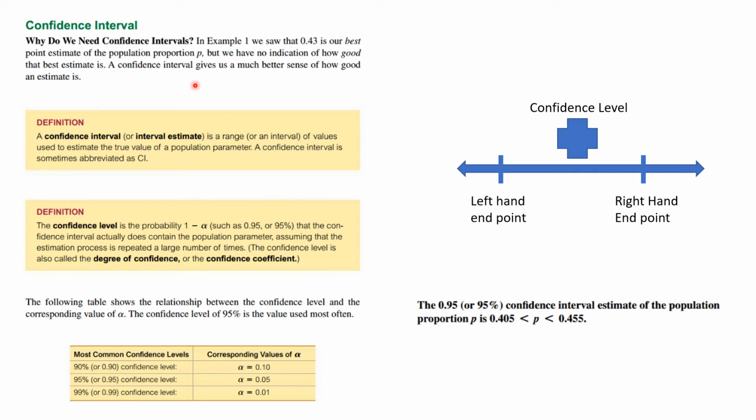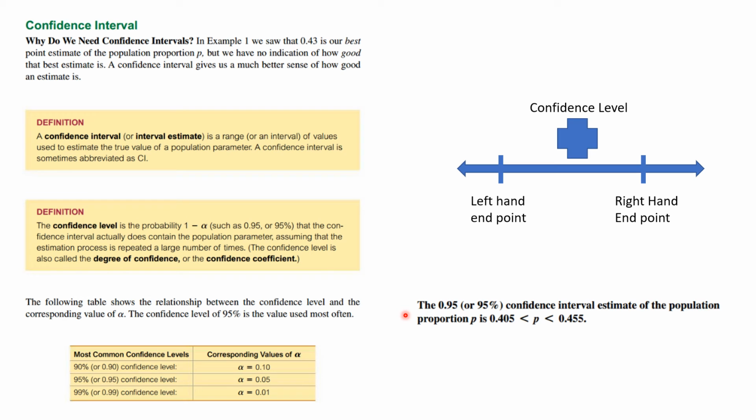Okay, so why do we need confidence intervals? Well, we can end up with an estimate just from the sample, but we have no indication of how good that estimate is. A confidence interval gives us a much better sense of how good the estimate is. So a confidence interval is an interval on the real line where you go from a left-hand endpoint to a right-hand endpoint, and you make a statement like this.